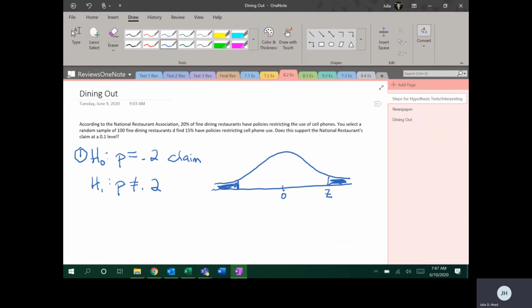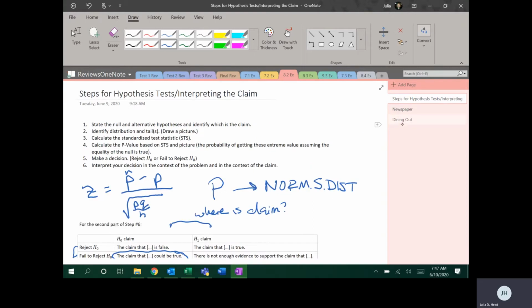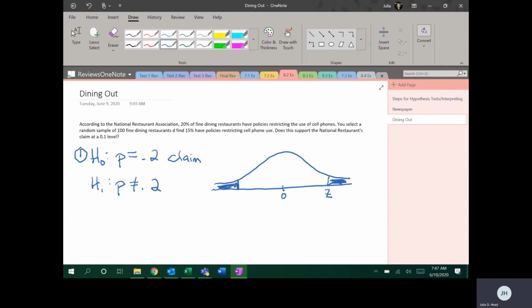Step 3, calculate the standardized test statistic, and we have the same formula, and this, by the way, is step 2.